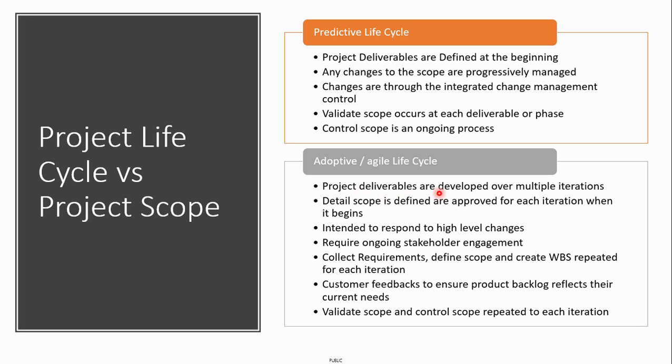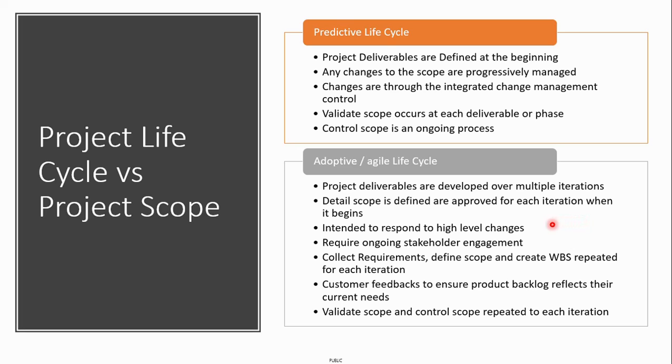At the beginning of the project, you will have a high-level view of the product backlogs or the product requirements, and then at each iterative cycle, you will be decomposing the product requirements into more and more details. So the detailed scope is defined and approved at each iteration cycle when it begins, and intended to respond to high-level changes.